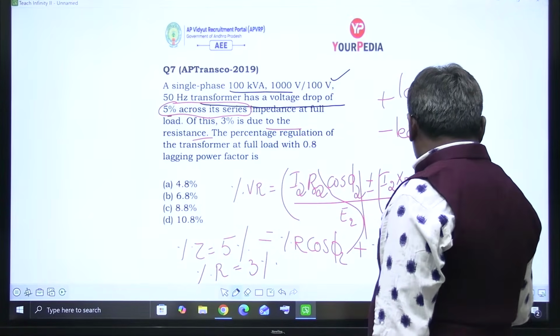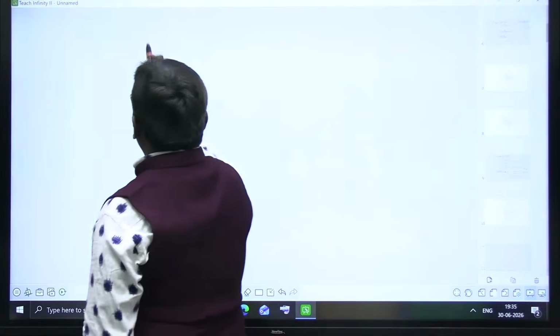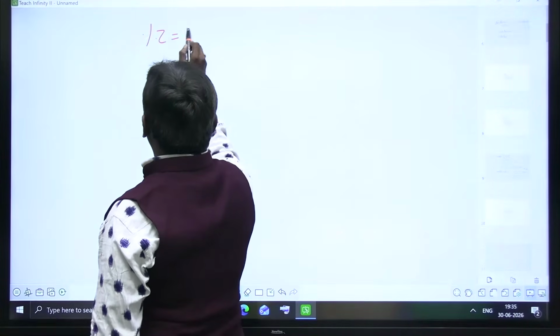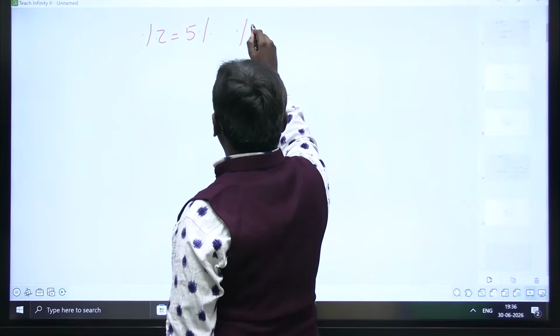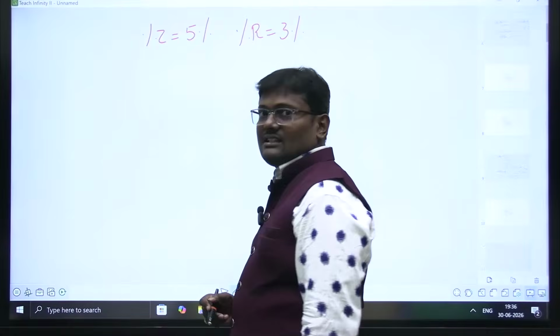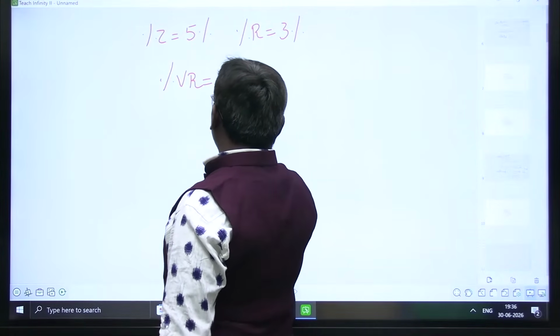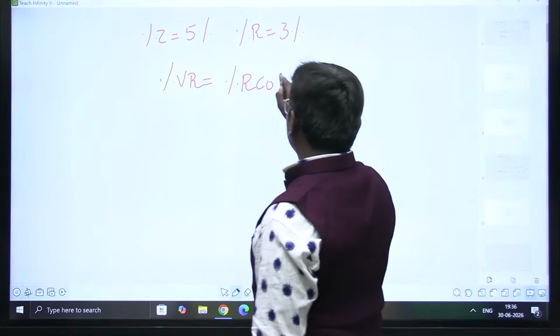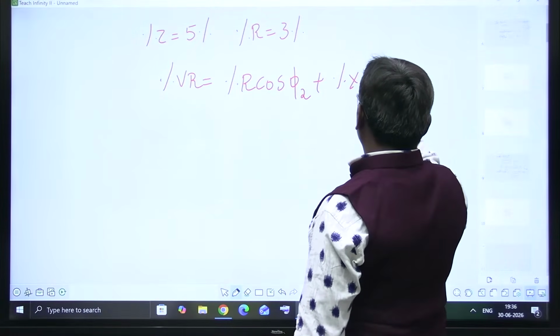So now percentage impedance is 5% and percentage resistance is 3%. What is the formula? Percentage voltage regulation is equal to percentage R cos phi 2 plus percentage X sin phi 2.